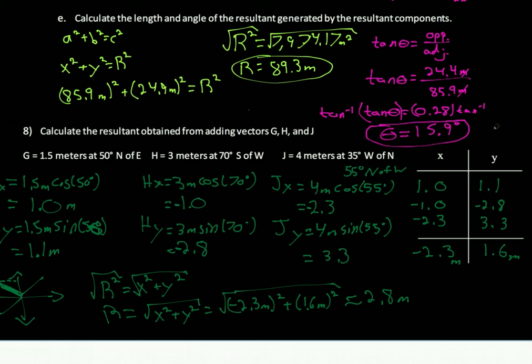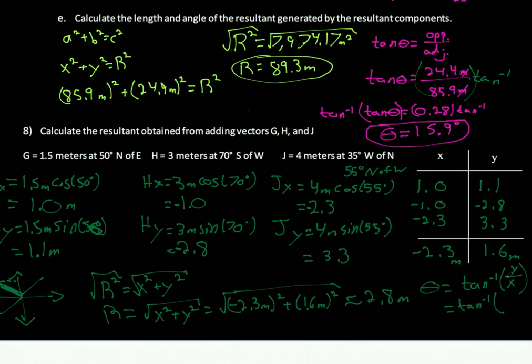And then our tangent rule. Our general tangent rule is that the angle equals the inverse tangent of the y component over the x component, and it's not just the magnitude, we should include directions too.